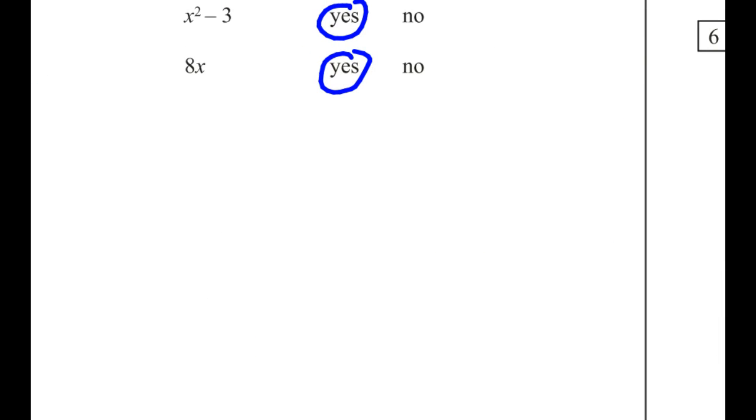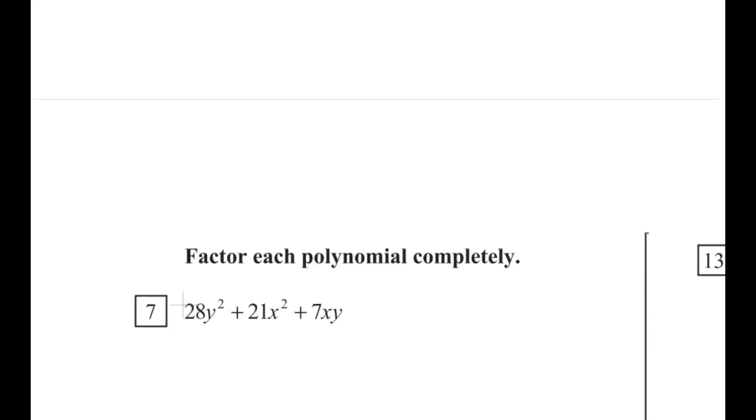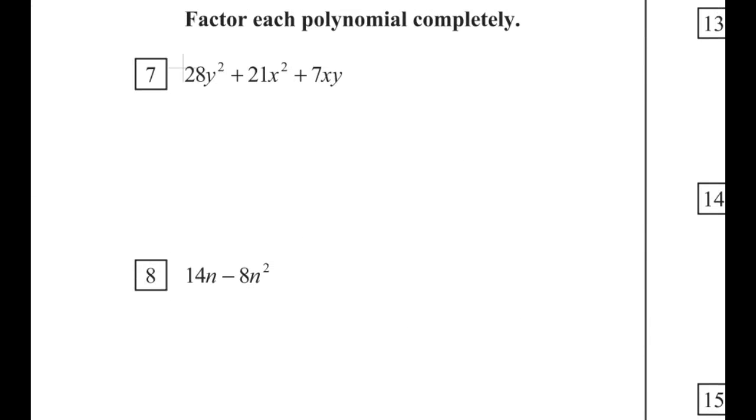Let's look at the back. Just factor completely. Remember, we're not going to tell you what method to use, the x or the box, or to do difference of squares or GCF first. You just have to know factor means do everything in a certain order. So GCF is always first. What do these have in common? So take out 7.